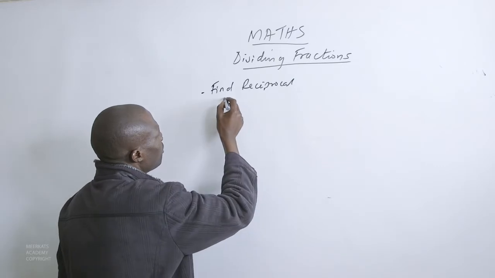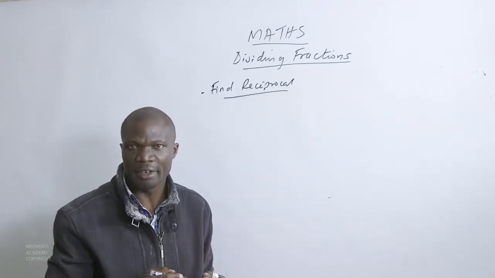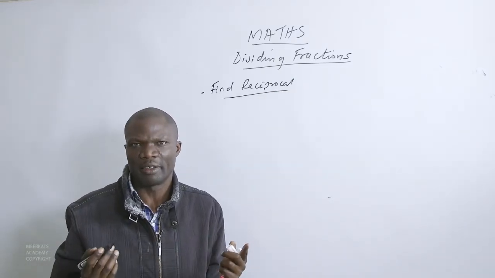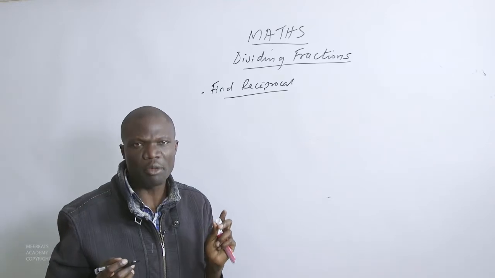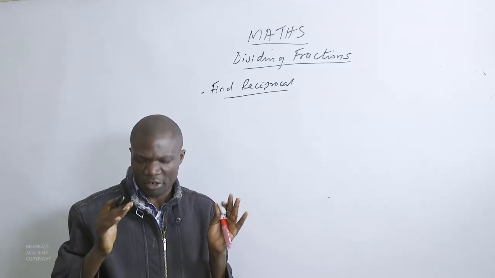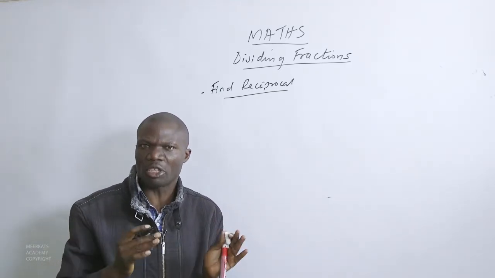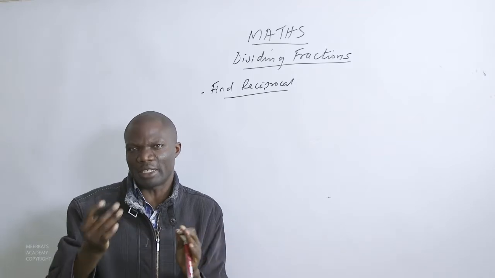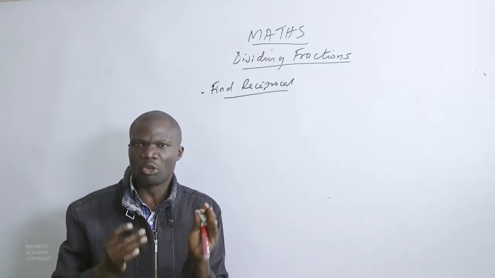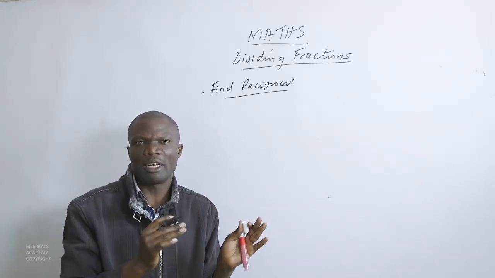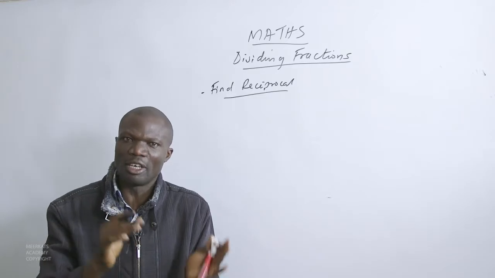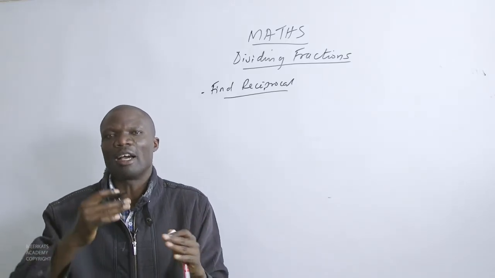Now, when we talk about the reciprocal, what do we mean? We are looking at the fraction that you have been given, and you invert it, or you simply swap the denominator with the numerator.